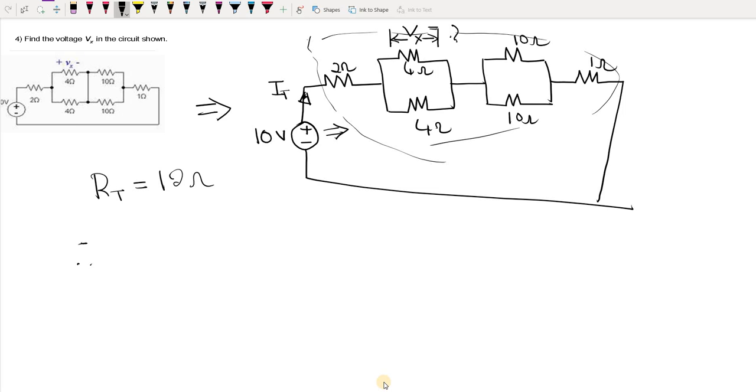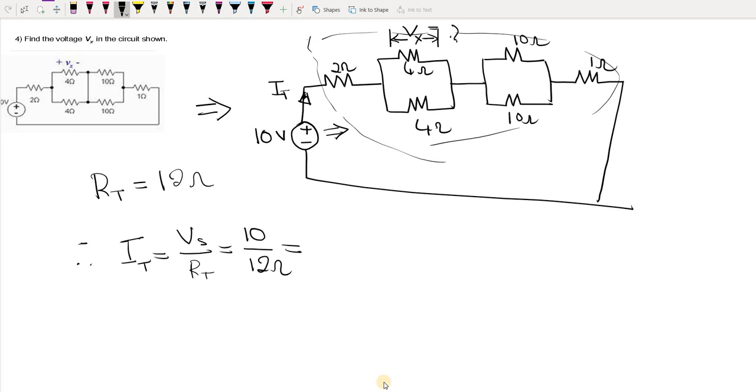Therefore, I total is supply voltage by R total in this circuit. So it is nothing but 10 volts divided by 12 ohms. That is 10 volts by 12 ohms.